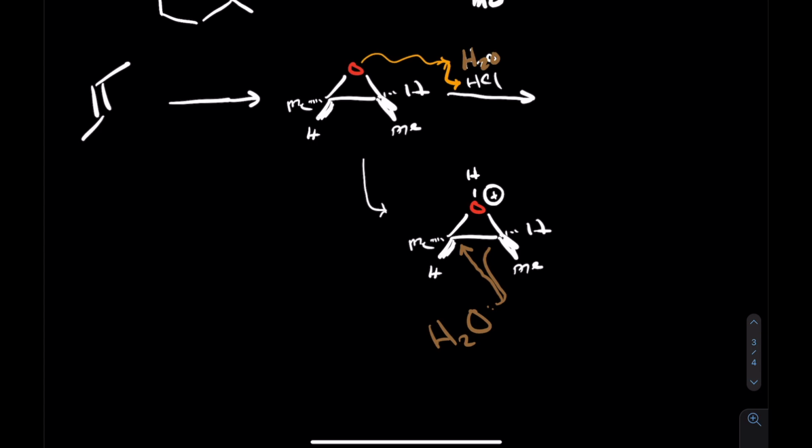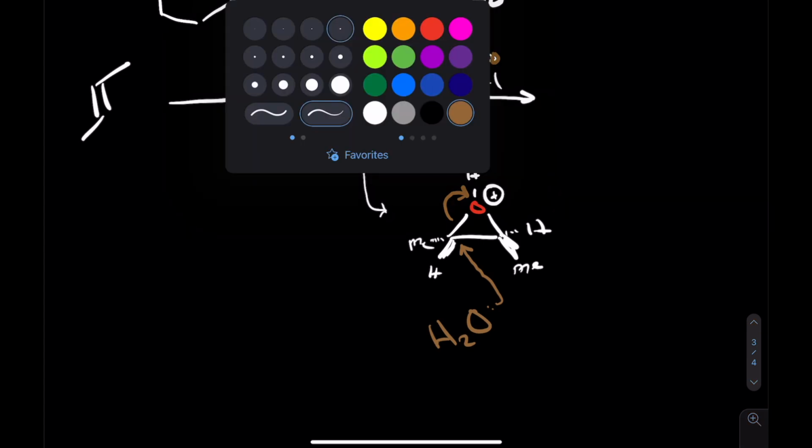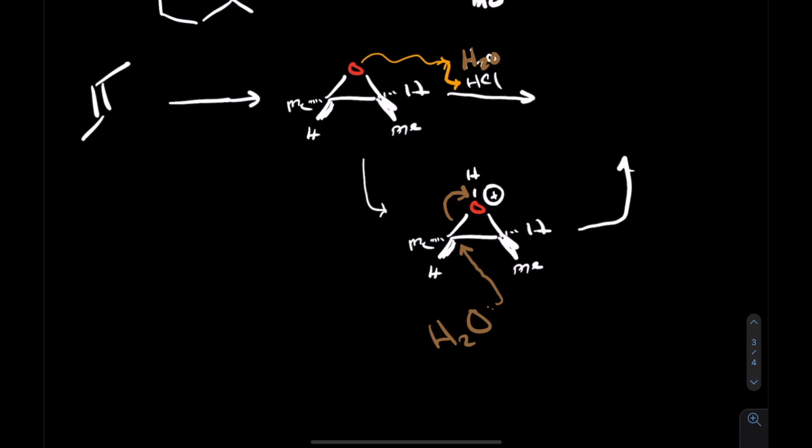Either one, equal chance. Let's say it attacks that side. Then these electrons that form that bond will go back over there, and that'll make that positive charge go away. And so your final product is actually a way to get to a diol.